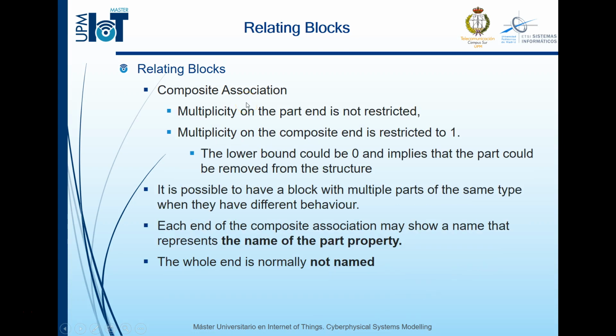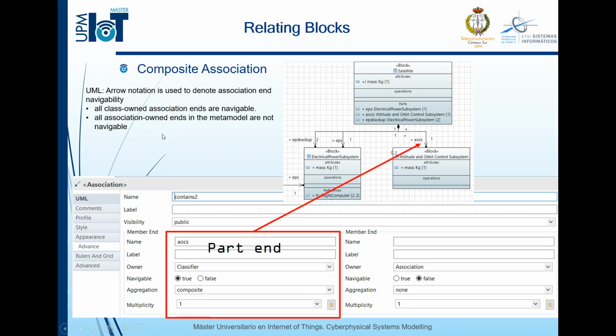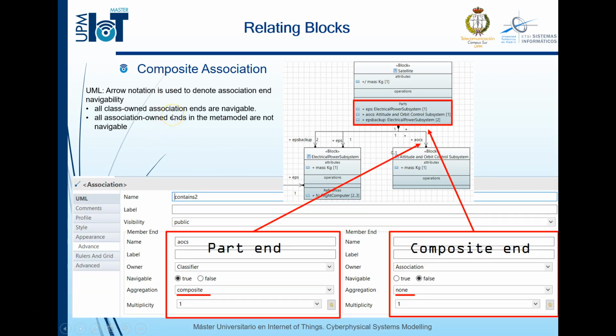If you remember from last session, when you add this kind of composite association, we have this definition, and in the properties of Papyrus, we have two different parts. In the left part, we have the part end, that means the block that receives the association. In the right part, the composite end, we have the whole.